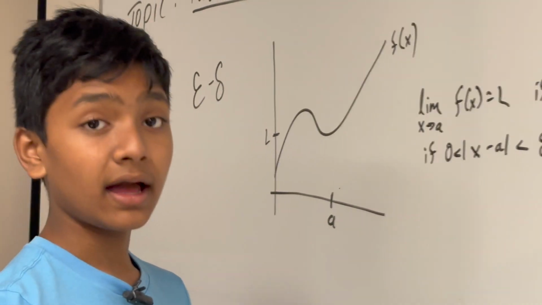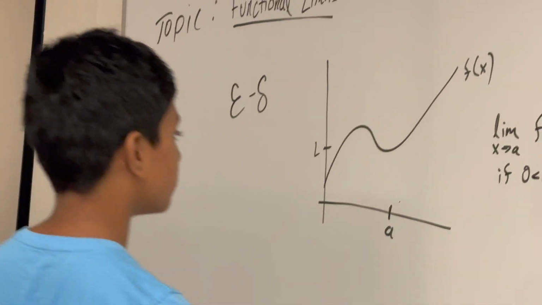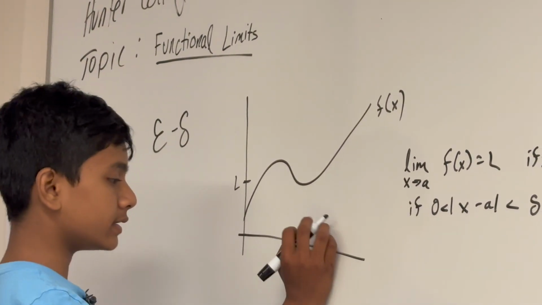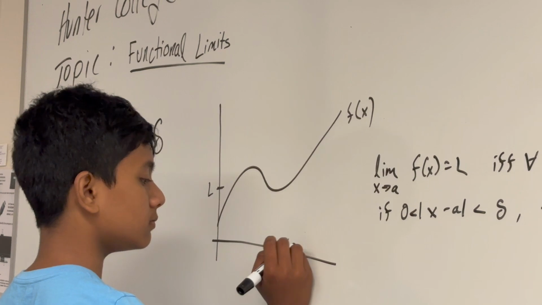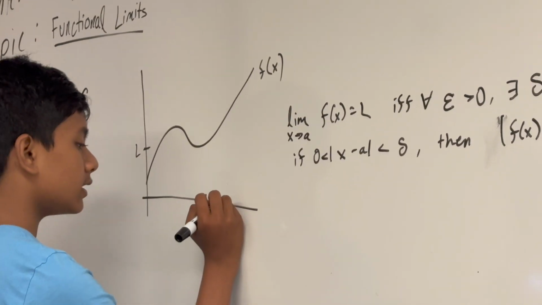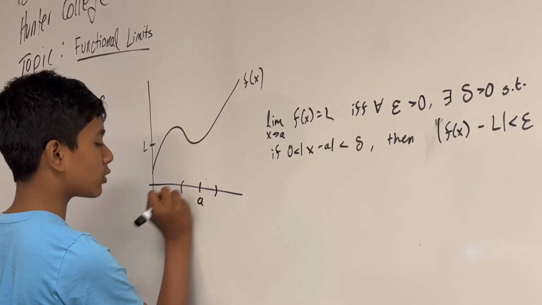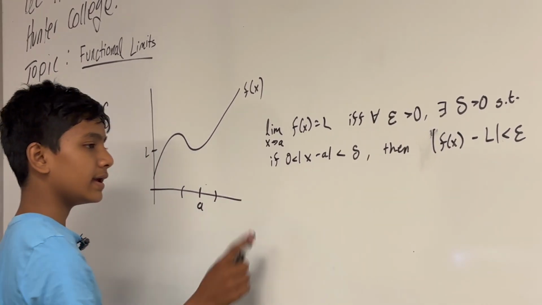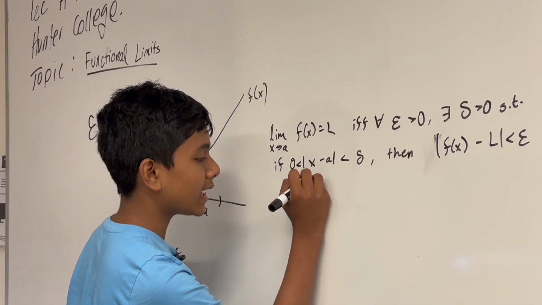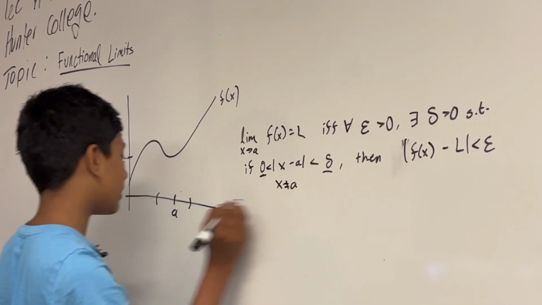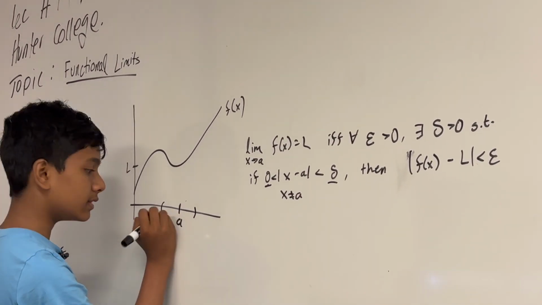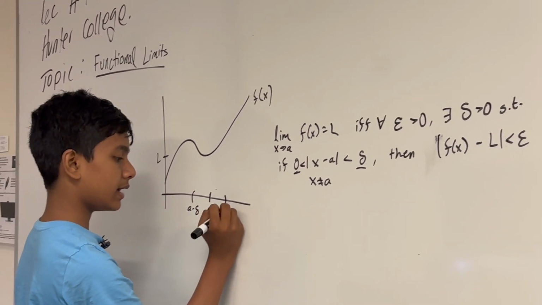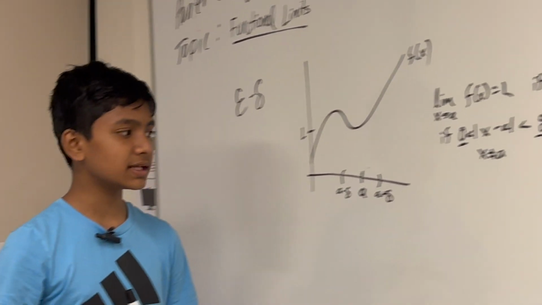So now, how does this have any similarity to what you probably learned informally in your Calculus 2 class? Well, let's look at it. You have the delta neighborhood of a right over here. The distance between x and a is greater than 0, which means x is not equal to a, and less than delta, which means x is somewhere within this neighborhood between a minus delta and a plus delta.